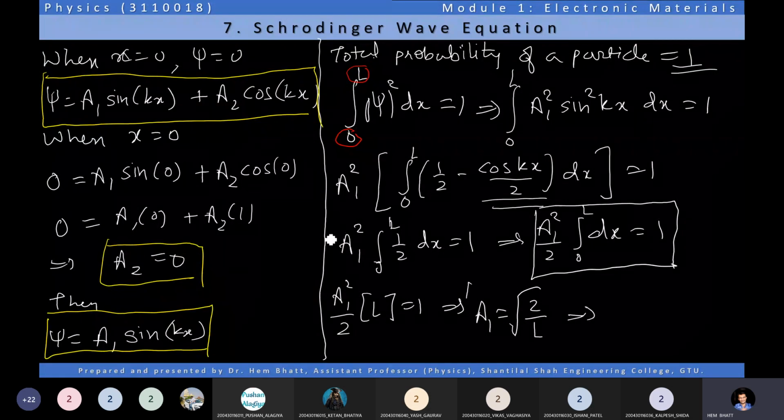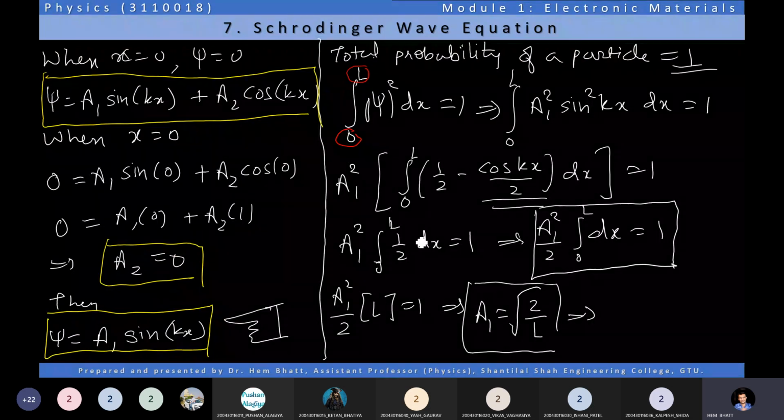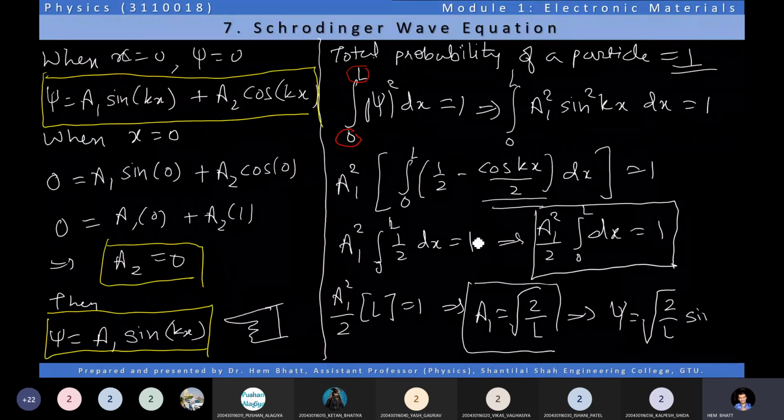And then what is psi? હવે psi શું થશે? Psi will be root 2 by L sine kx. And this is the value of psi which will satisfy Schrodinger equation.